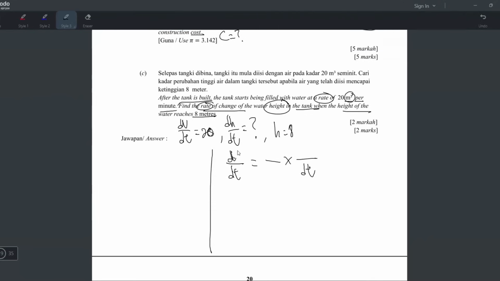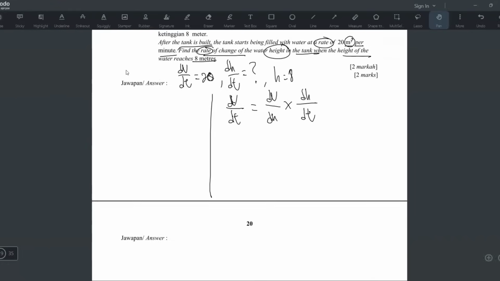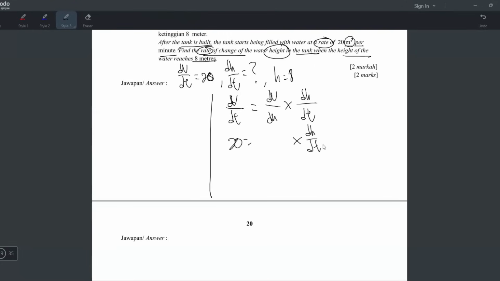So it must be dV and then dh. Actually, if you want to write dh over dV, it is also possible, but then you have to invert the answer. But it's the same. dV/dt is 20, so just put it in. dV/dh I can find later, but dh/dt is the final answer, right? Because dh/dt is what the question wants you to find at the end.